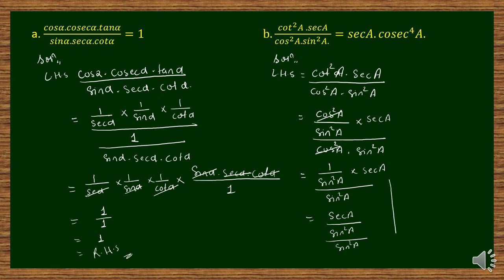So again what we can do here is, we can write sec A by 1 by cosec square A divided by 1 by cosec square A, that we get equals to sec A into cosec square A into cosec square A, which is cosec to the power 4A, because these two get multiplied, and when we reverse it, we will get cosec to the power 4A.